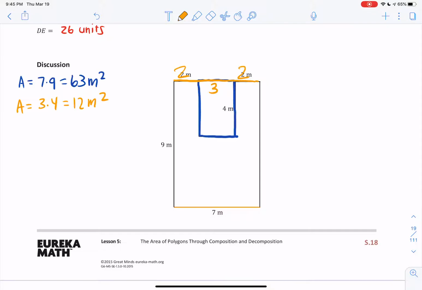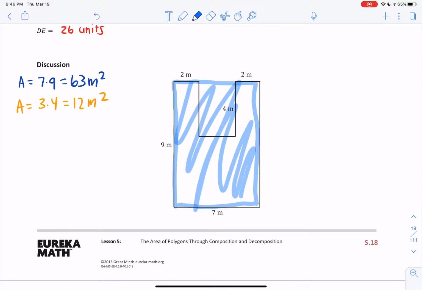So remember, 63 represents the area of the entire rectangle. The entire rectangle. Right? All of this. But then I'm going to subtract this section here, so I'm going to subtract 12. So I end up getting 63 minus 12.